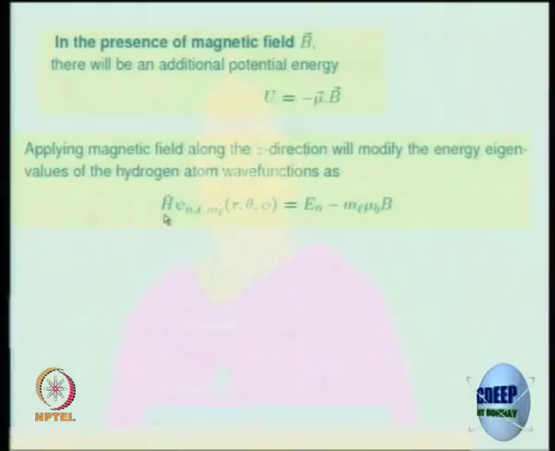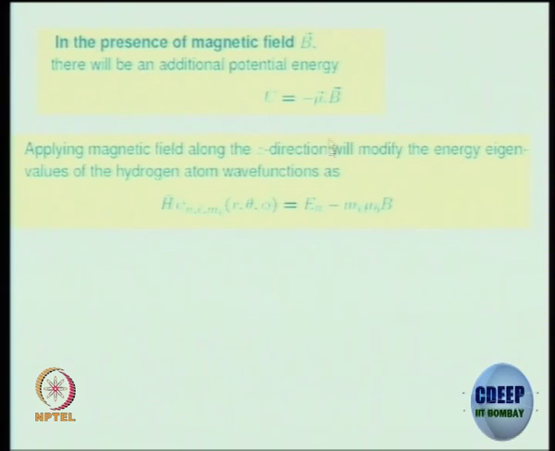So, we know that the hydrogen atom will give you an En energy, but this interaction term or this potential energy due to the magnetic field, we have done this. What does mu z do? If you take the magnetic field to be along the z direction, mu z will give you minus ml times mu B, right?